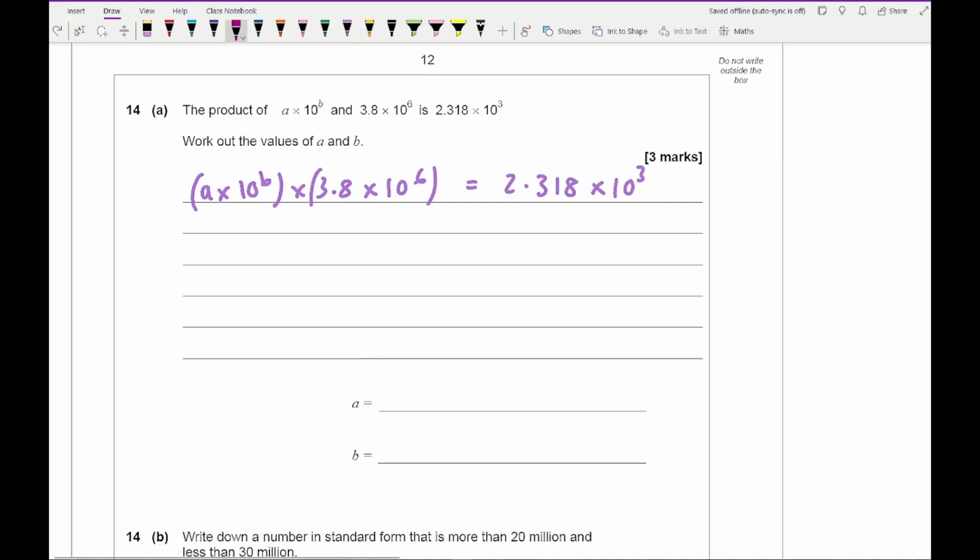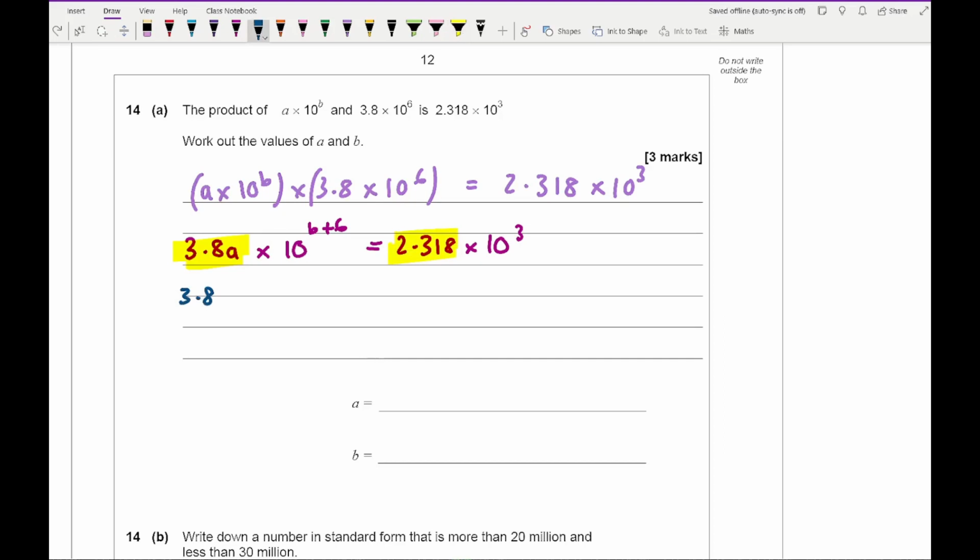So comparing and multiplying this out, we get 3.8a multiplied by 10 to the power of b plus 6 equals 2.318 times 10 to the power of 3. Now from this, what we know is that 3.8a must equal 2.318.